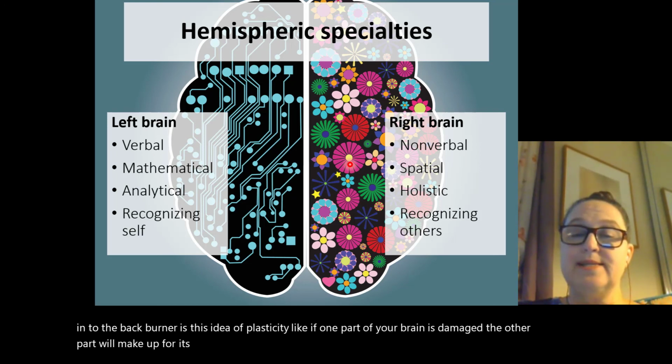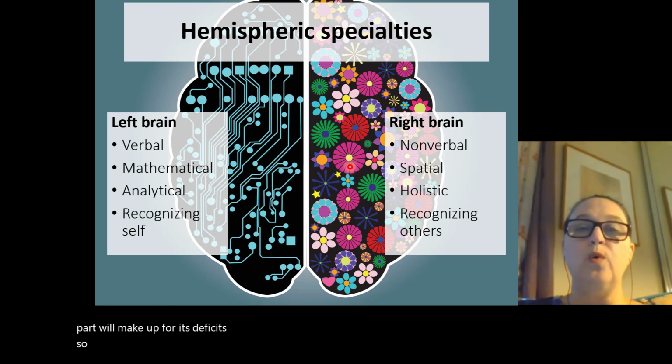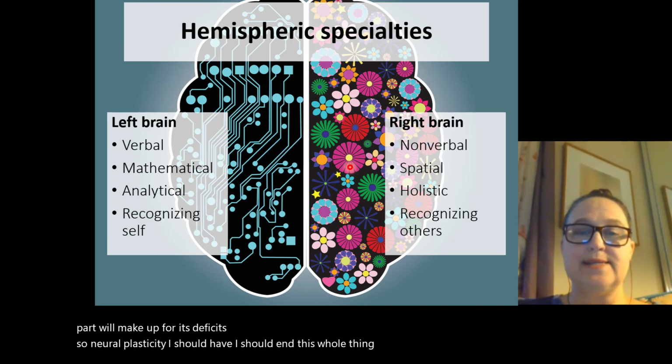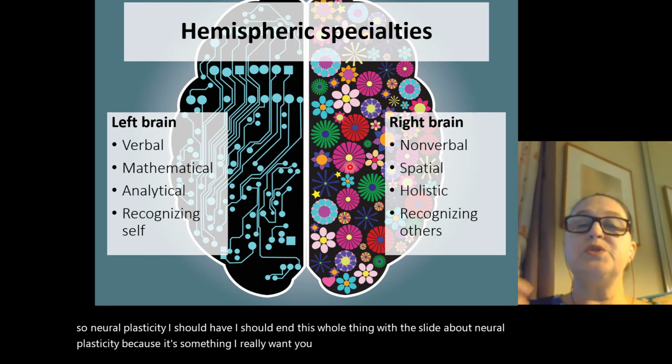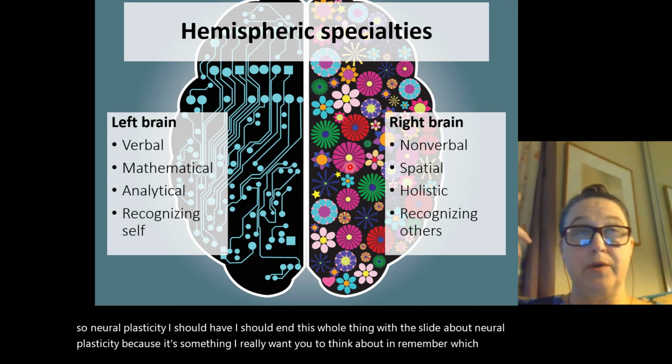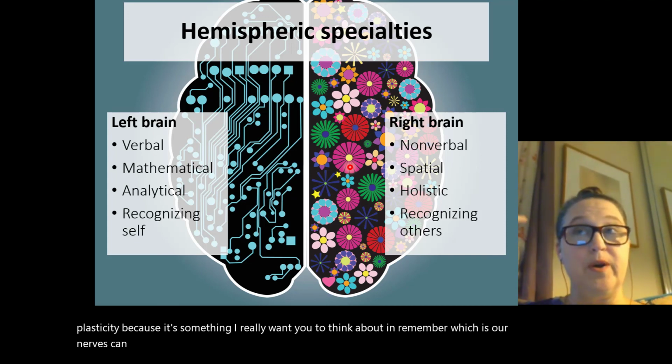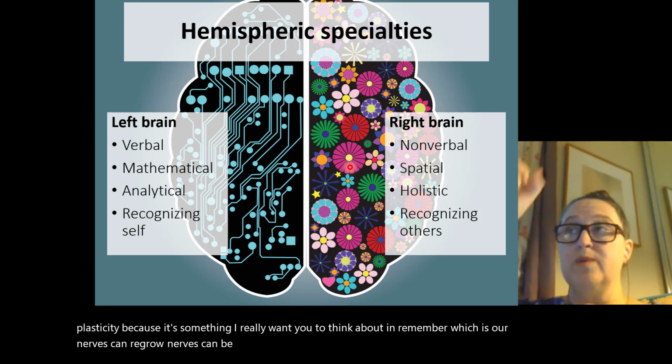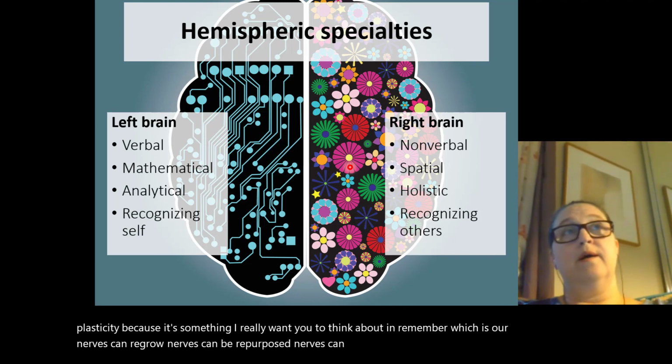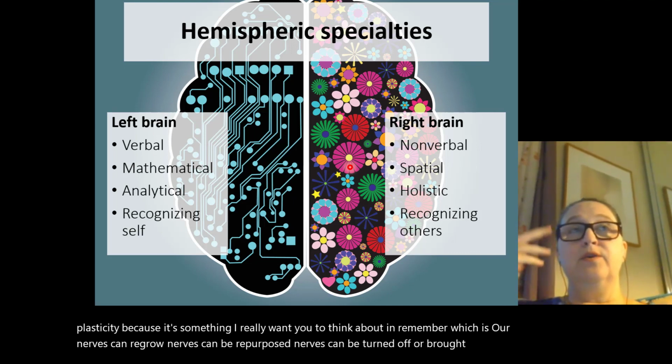So neuroplasticity. I should end this whole thing with a slide about neuroplasticity because it's something I really want you to think about and remember, which is that nerves can regrow, nerves can be repurposed, nerves can be turned off or brought to life again.